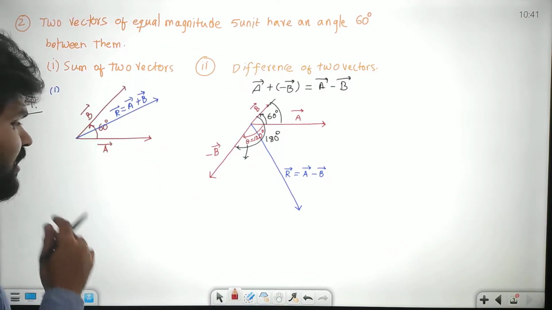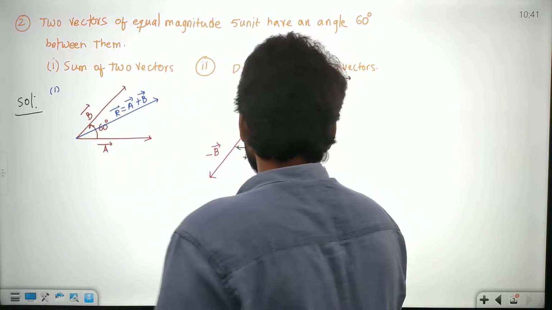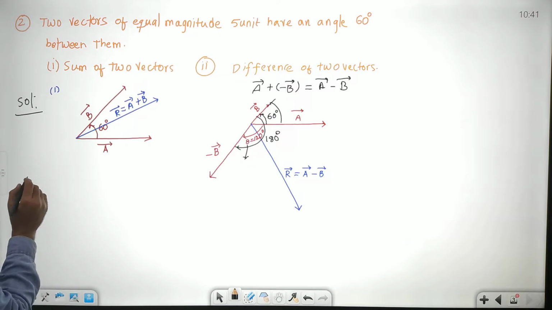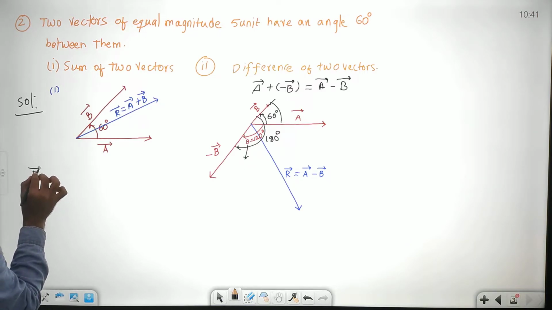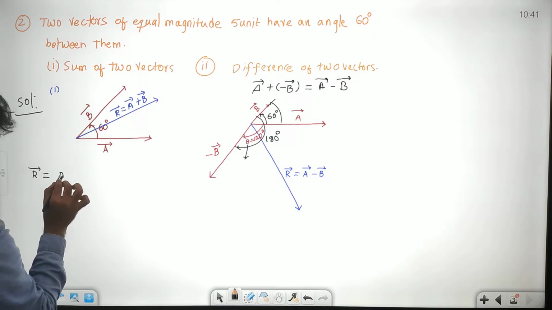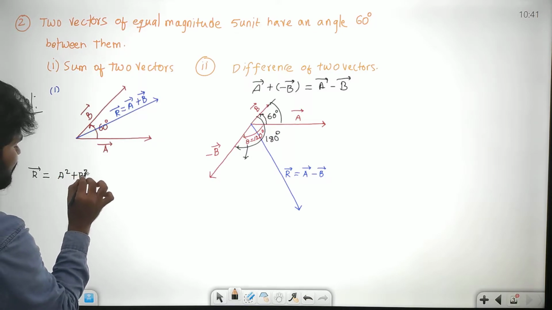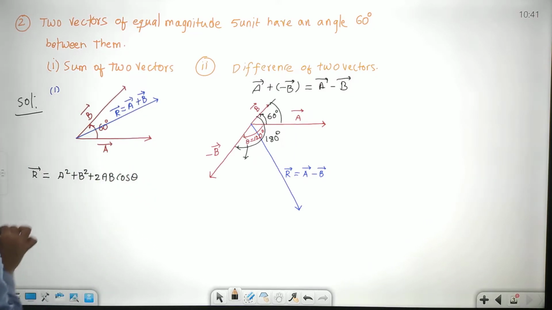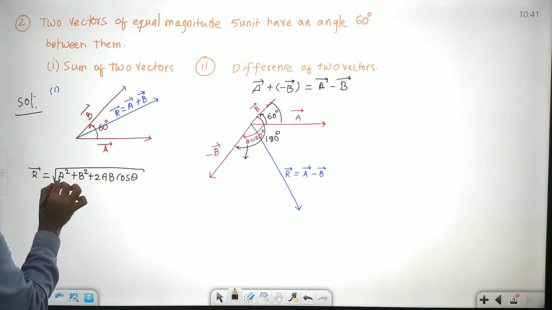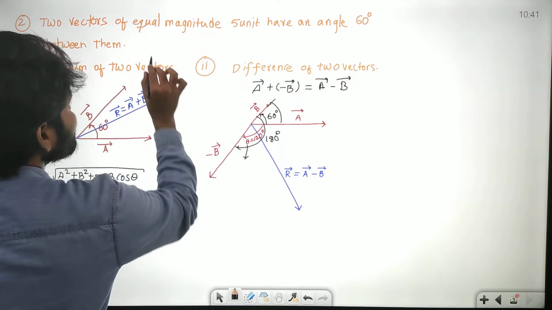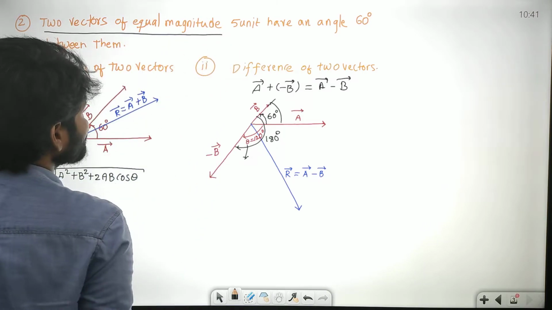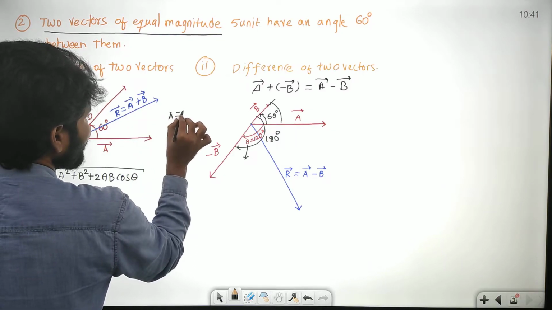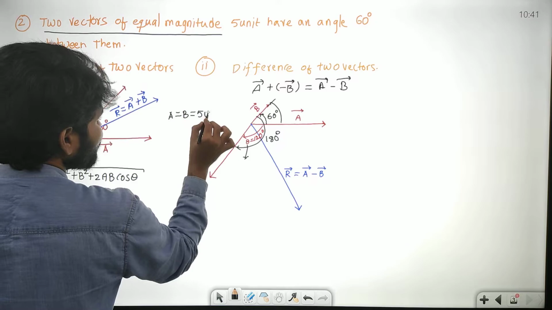Okay, we got all the values. Let's come to our discussion directly. For the sum of the two vectors, I'm writing the resultant as the root of A square plus B square plus 2AB cos theta, right? What is the magnitude here? He gives the magnitude: two vectors have equal magnitudes. So vector A and vector B are both 5 units.